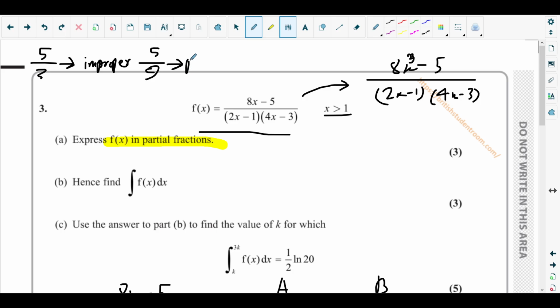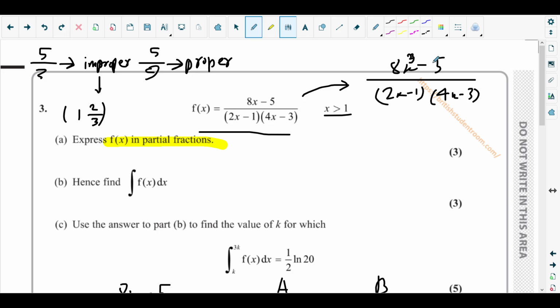We know that improper fractions can always be transformed to mixed fractions, which are in this form: 3 times 1 plus 2, that is 1 and 2 over 3. This is a mixed fraction.